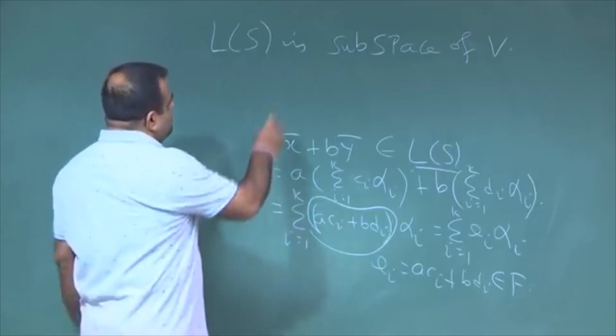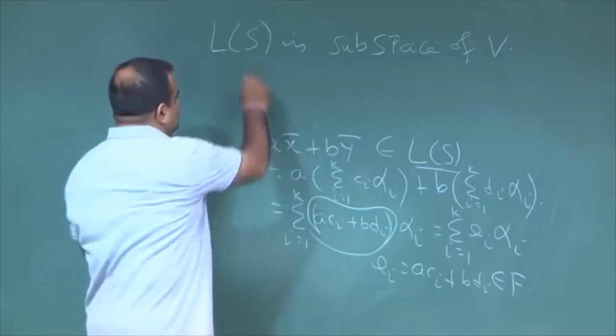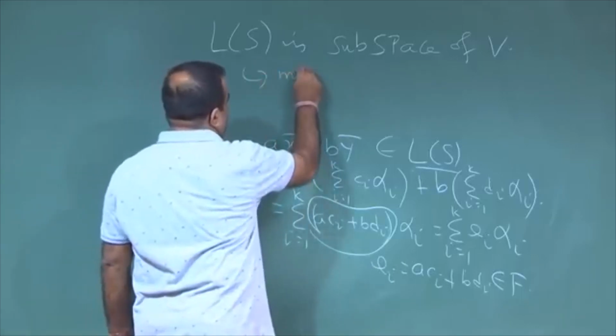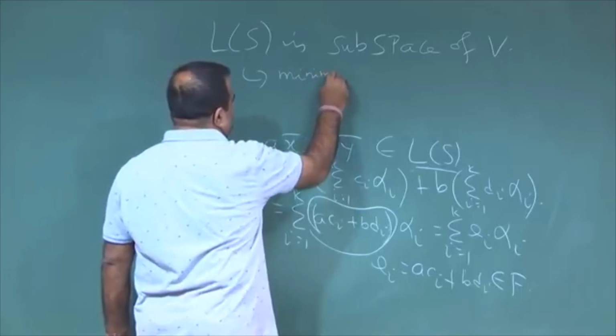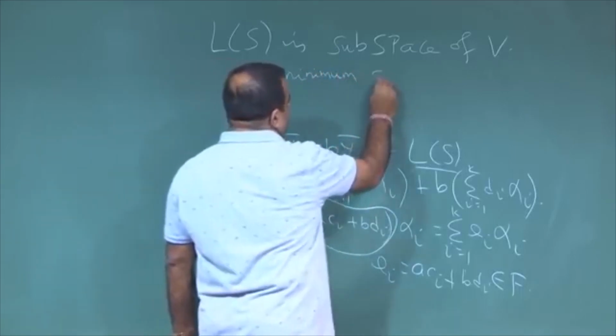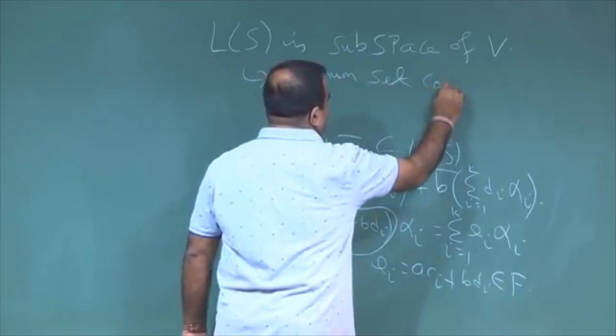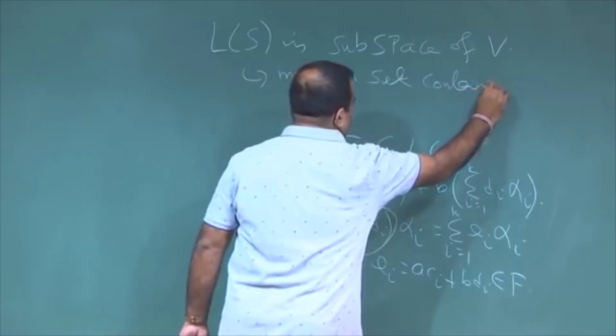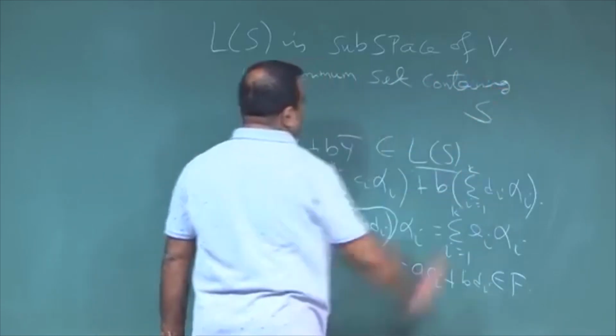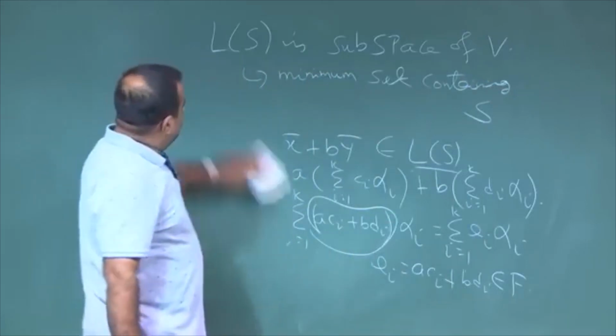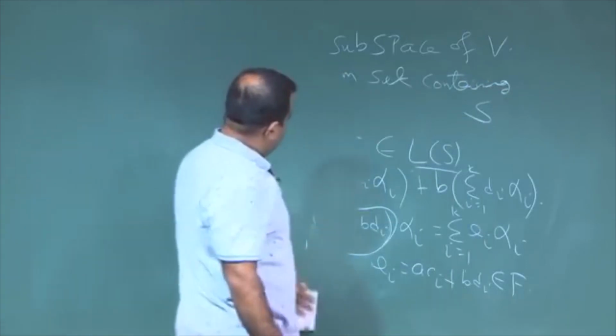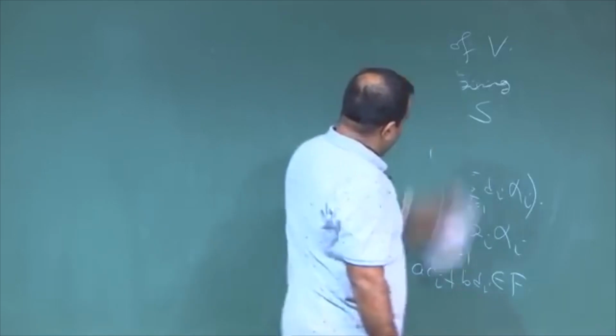So, this is the minimum subspace containing S, meaning minimum in the number of elements of the set containing S. Okay. So, this is called the linear span of a set.